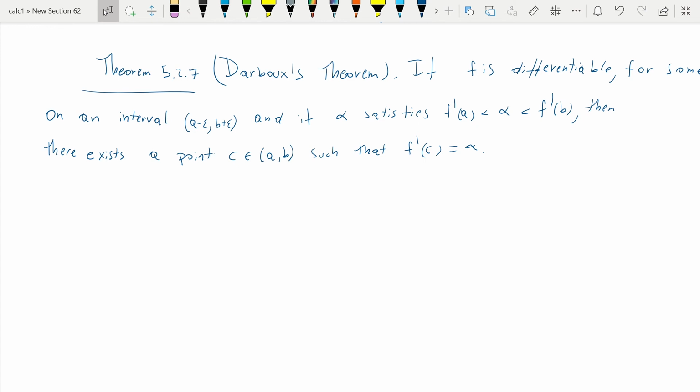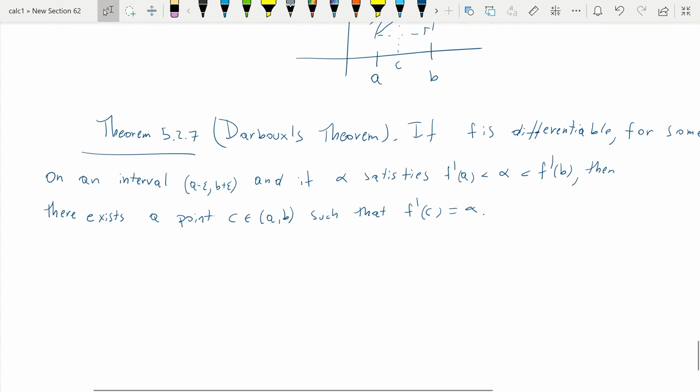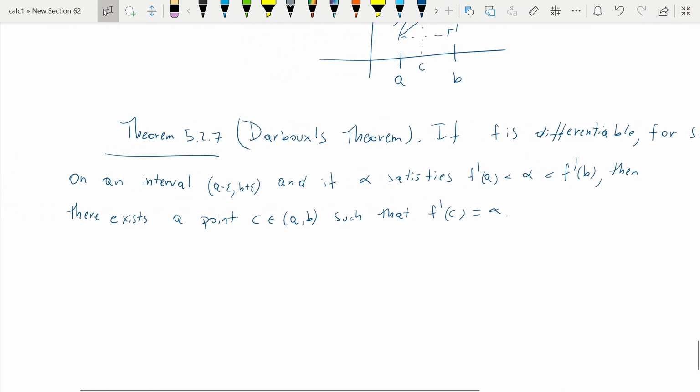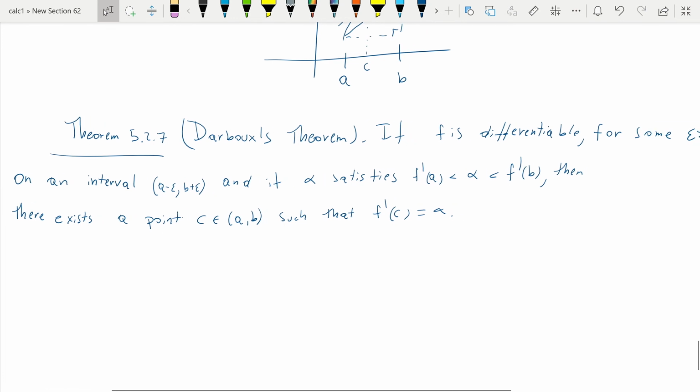So why is this surprising? Because f is differentiable, but the derivative is not assumed to be continuous. If f prime is a function, you can call that g. If g is continuous, and there's a value alpha between g of a and g of b, as in the intermediate value theorem, then you can conclude that at some point c in between a and b, g of c would have to be equal to alpha.